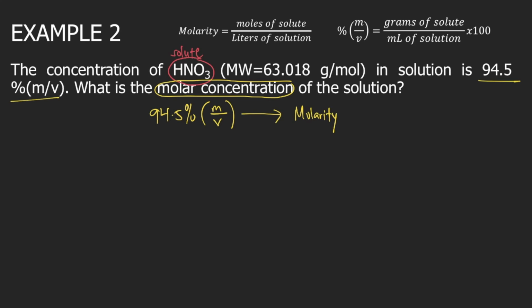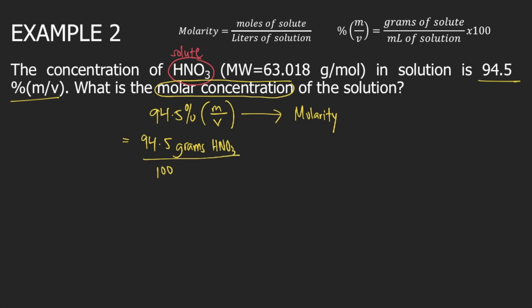So how do we do that? Remember what I said a while ago? When you have 94.5% mass per volume, percent means per 100. So this means 94.5 grams of solute. Our solute is nitric acid per 100.